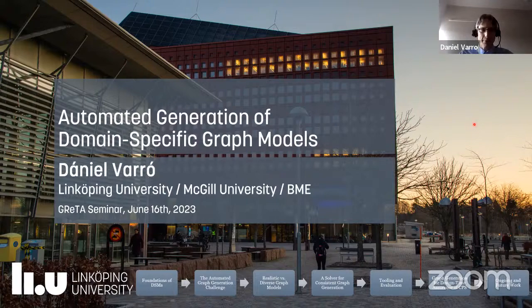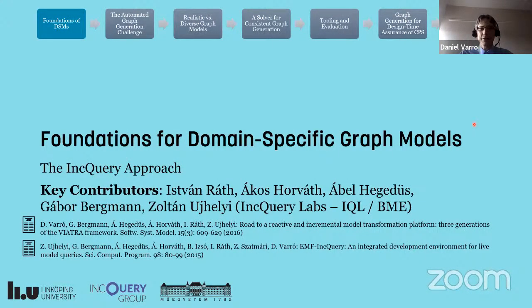In that regard, for a while we have been working on some foundations, query-based foundations of domain-specific graph models. First, Viatra as a model transformation tool, and then IncQuery as a graph query engine.